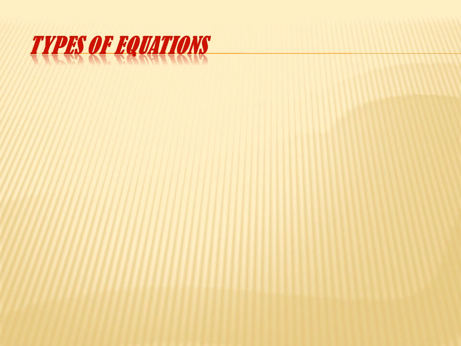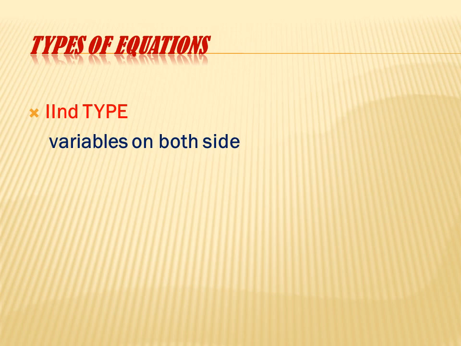Now we will move to the second type of equation, and that is variable on both sides. It involves equations where variables are on both sides. For example, 2y plus 5 by 3 is equal to 26 by 3 minus y.